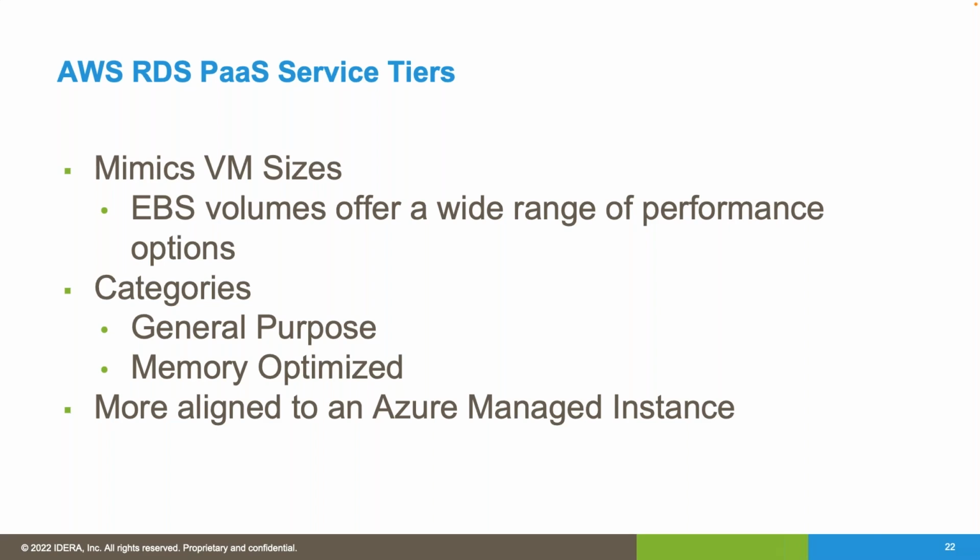There are 2 categories for their platform as a service offering: general purpose and memory optimized. But the disks behind it are very much like EBS volumes. So you get a wide range of performance options that you can potentially configure with your RDS instance. So it's not quite like Azure SQL Database. It's more aligned like an Azure managed instance.